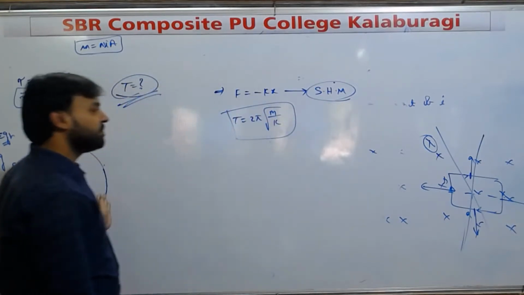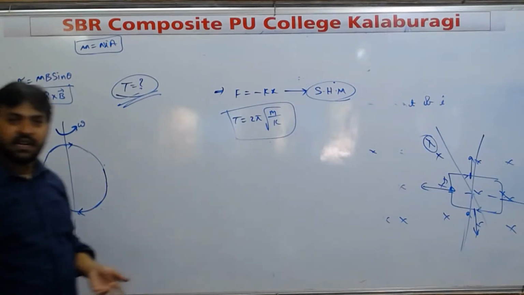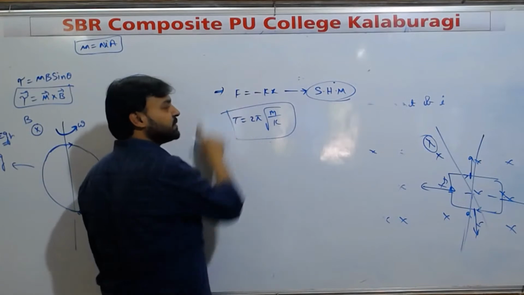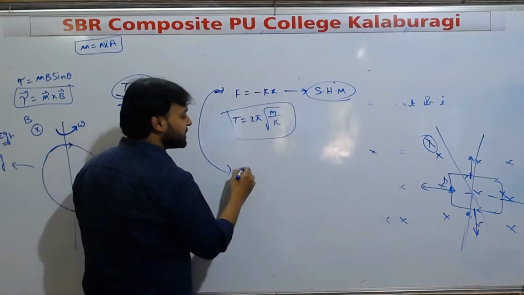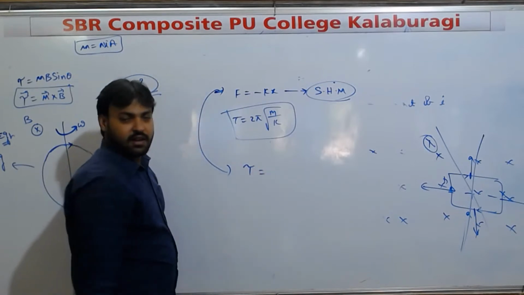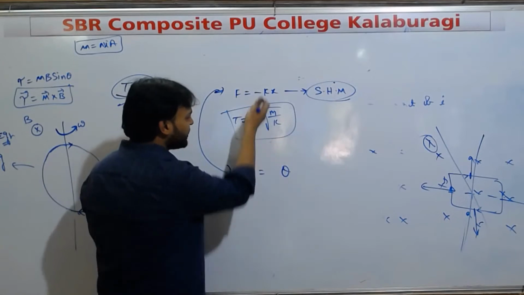Here also same. So now here angular terms are there. In angular terms, how can we write? Force in angular terms is torque. Linear displacement in angular terms is angular displacement. Constant is constant only.